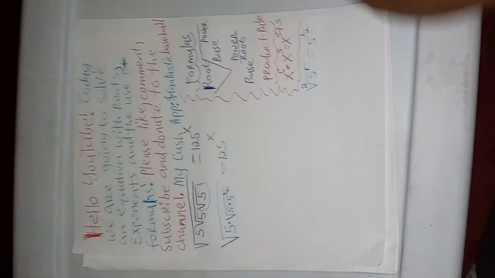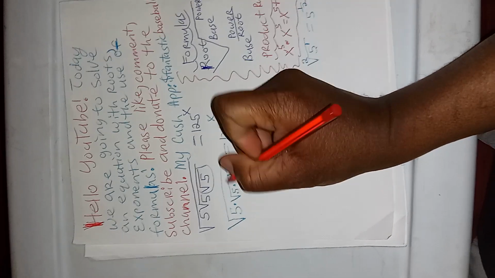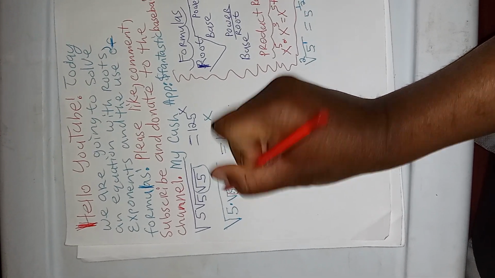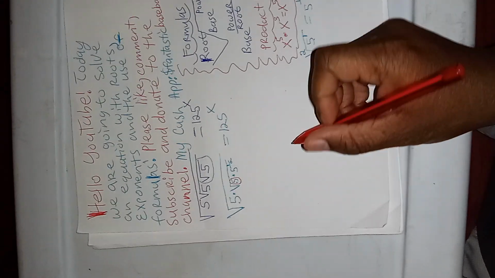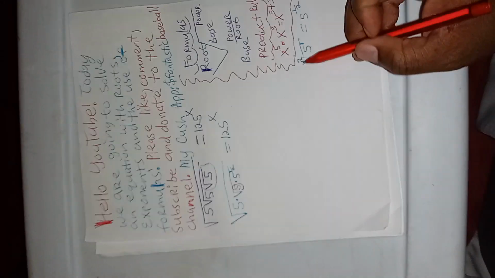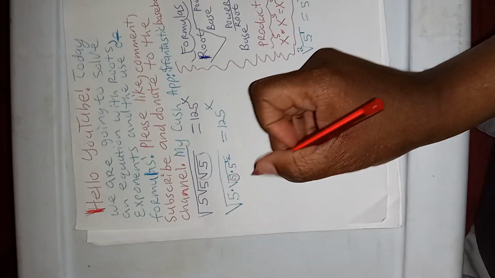So let's manipulate the next piece, which is this 5 right here. So we can rewrite the 5 as 5 to the power of 1.